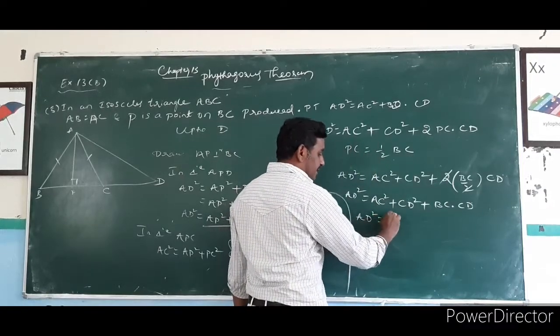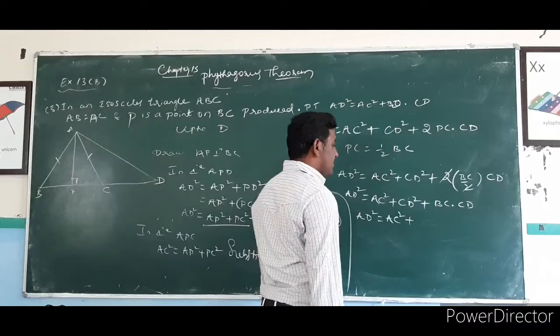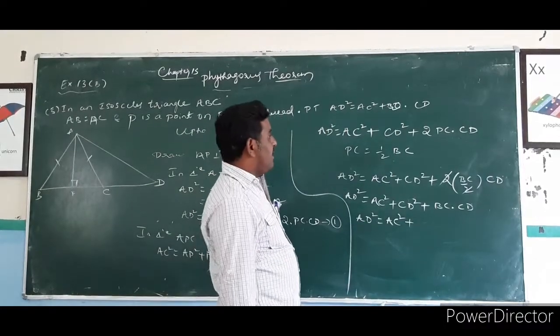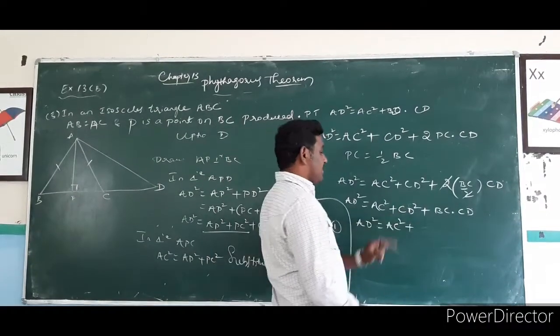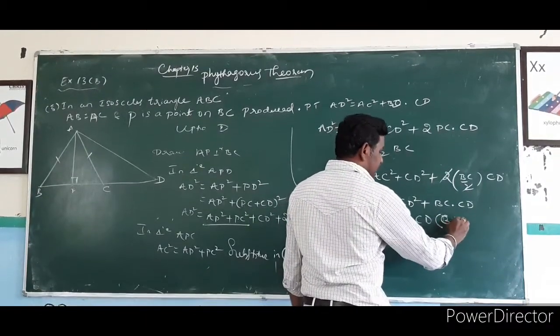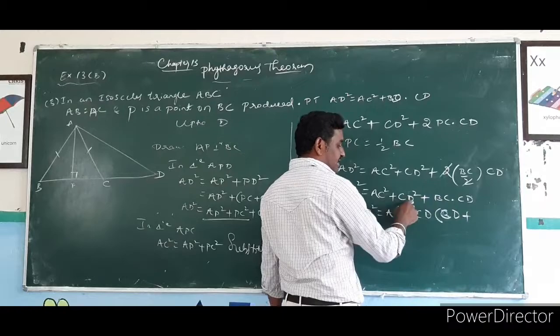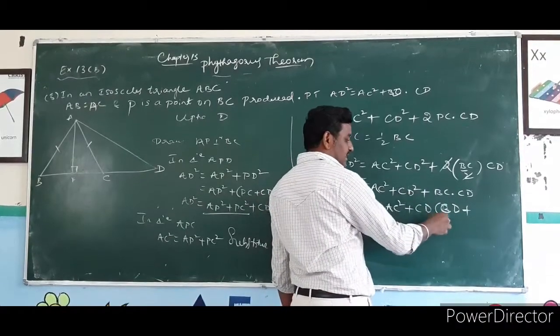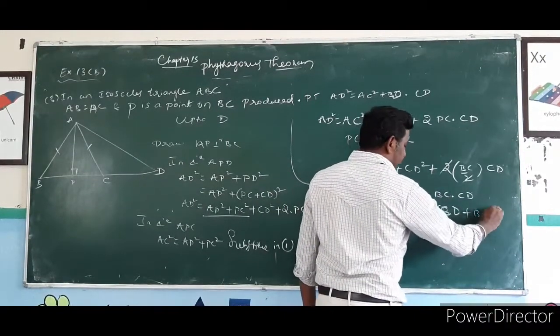AD square, AC square plus, here you can take CD as common. What is remaining here? CD is remaining plus BC.